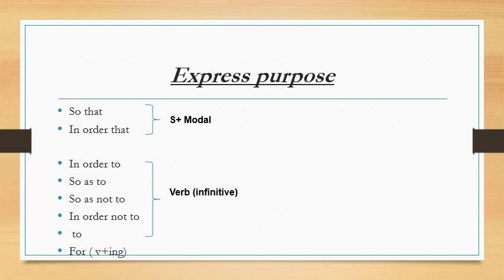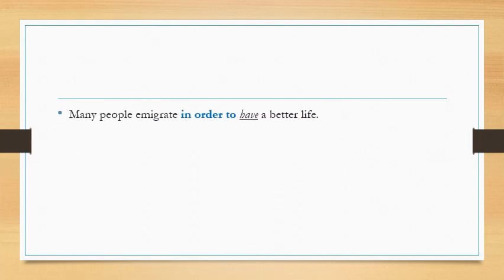Let's see an example in order to better understand what do we mean by that. So many people immigrate in order to have a better life. So here you can see الغاية كندير واحد الحاجة لواحد الغاية معينة, and most of the cases in order to comes in the middle, but in some cases it comes in the beginning of the sentence.